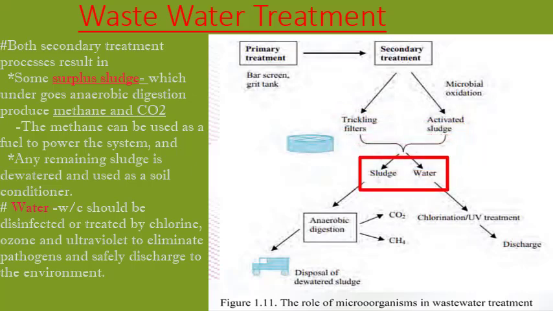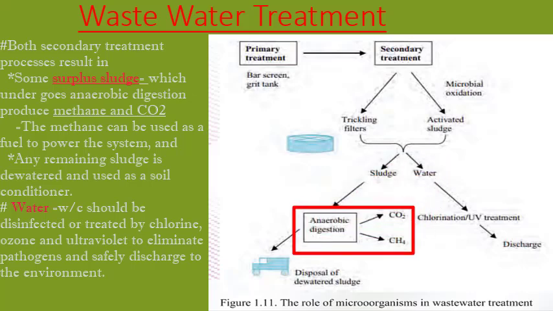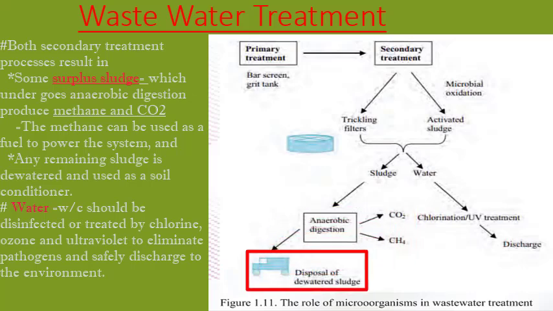Then the sludge and water should be separated and treated differently. Sludge or solid waste gets concentrated and exposed to anaerobic digestion, which results in biogas, or methane and carbon dioxide. The sludge then gets dewatered, and the dewatered sludge is disposed of in the environment and used as soil conditioner.